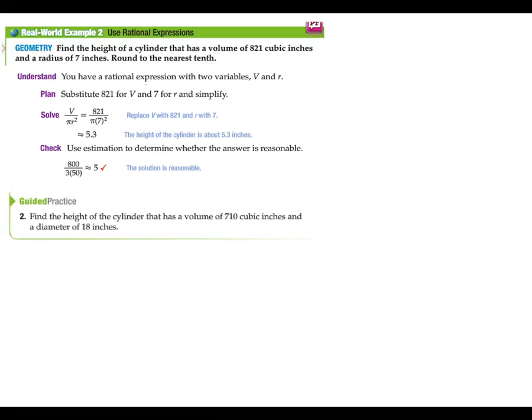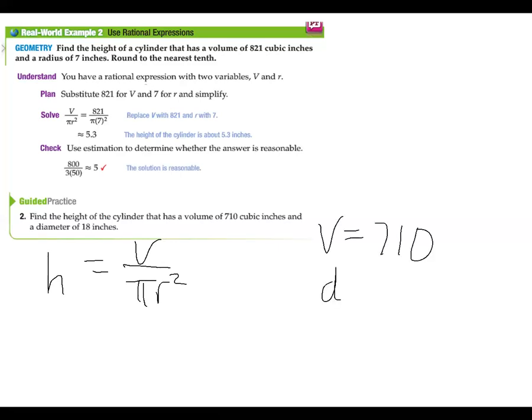Find the height of a cylinder that has a volume of 710 cubic inches and a diameter of 18 inches. So the height equals V divided by pi r squared. In this one, they said the volume is equal to 710 and the diameter is equal to 18. Now here's where you have to be careful. The formula uses radius, but they gave you the diameter.